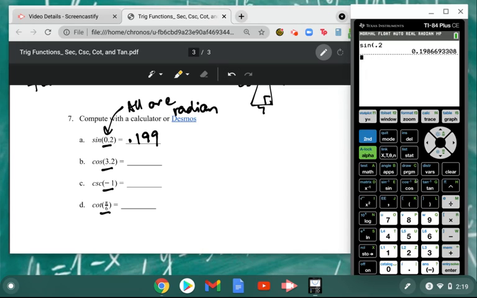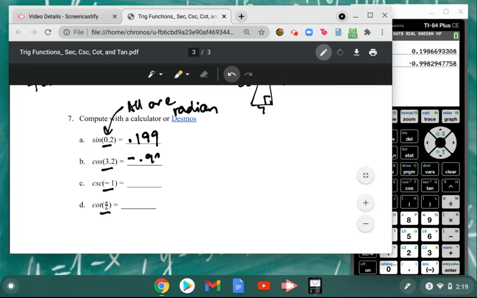And then I can do a cosine of 3.2. But you might notice if you're looking ahead that there are only sine, cosine, and tangent on here. And I get negative 0.998. Next is cosecant. Cosecant is 1 over sine. So I actually need to type this in as 1 divided by the sine of -1.